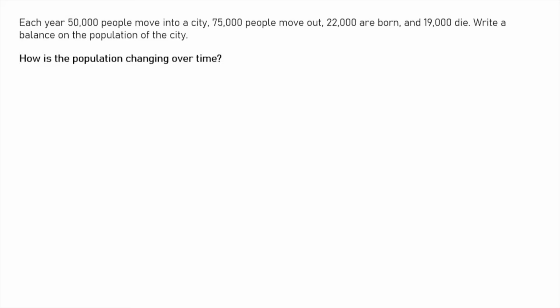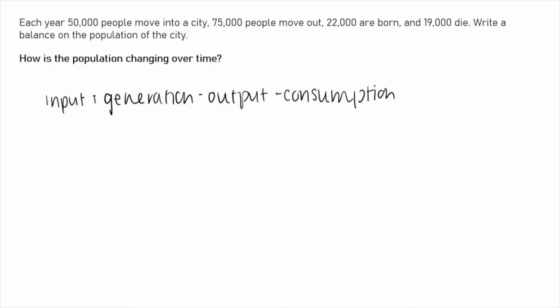So we can take our classic CBE equation, which is input plus generation minus output minus consumption equals accumulation.